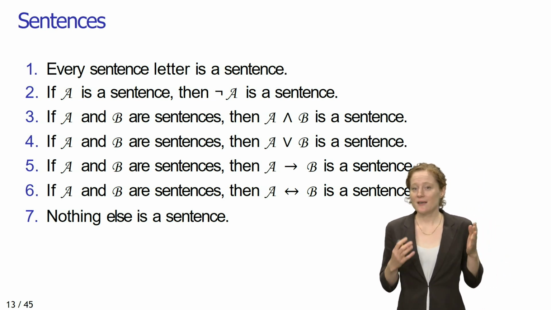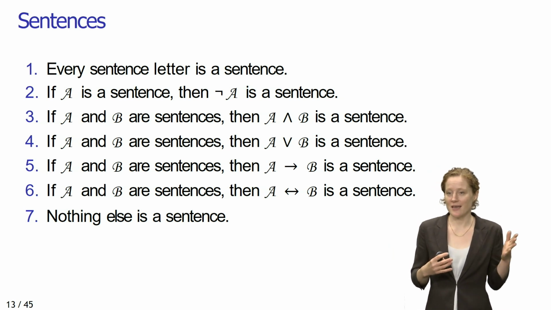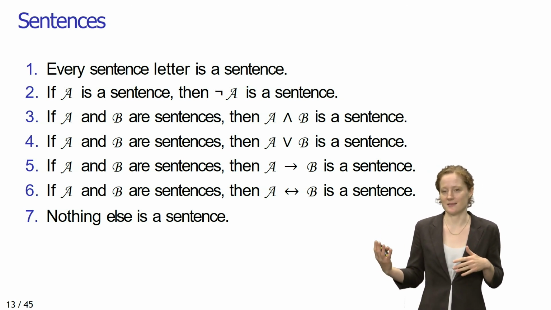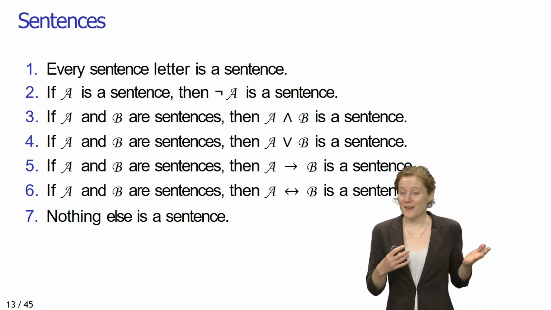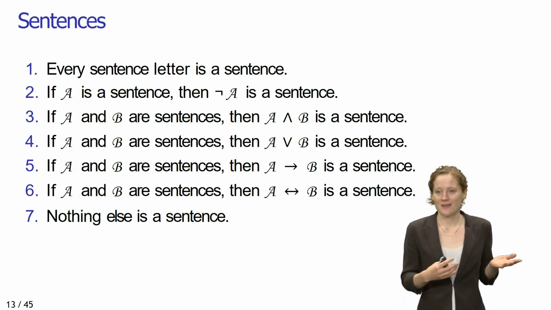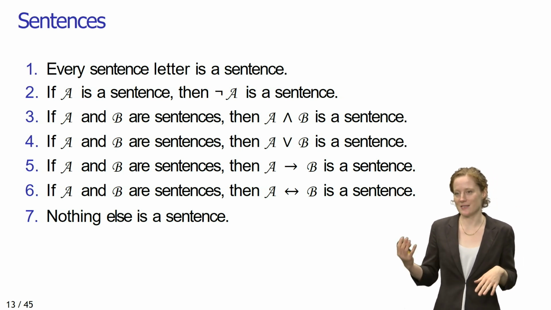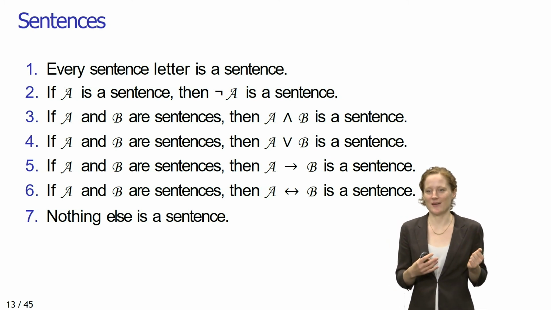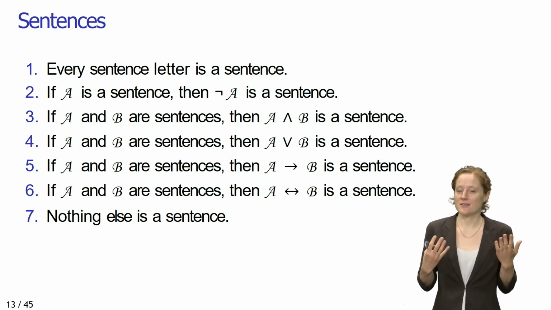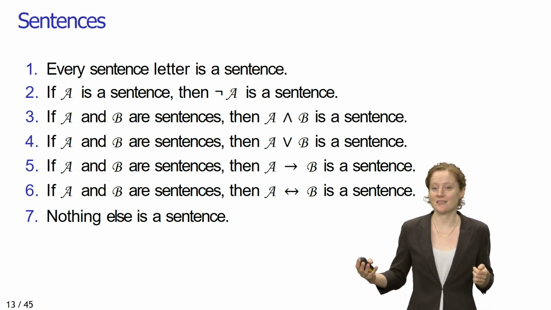Fifth, if A and B are sentences, then the conditional A arrow B is a sentence. Sixth, if A and B are sentences, then the biconditional A if and only if B is a sentence. And the 7th and final step in our definition is the so-called that's all clause, according to which nothing else is a sentence.